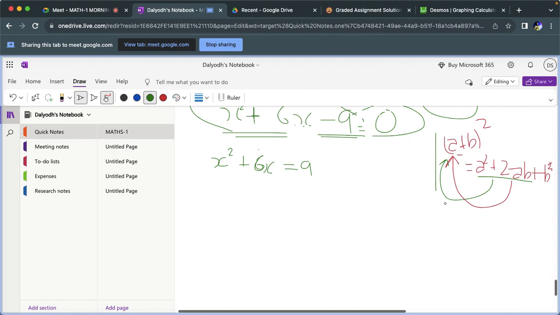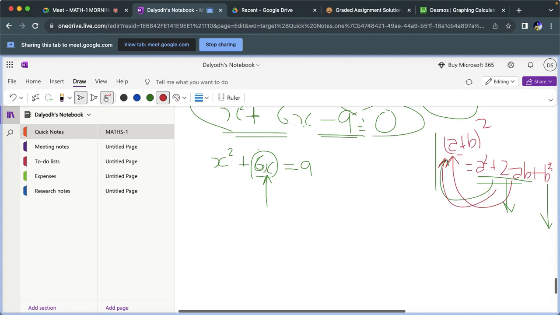A lot of times we only know this part. How can you define b? You have to take b from the second part, because the second part is 2ab, right?